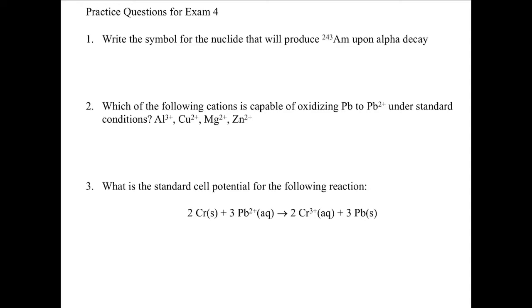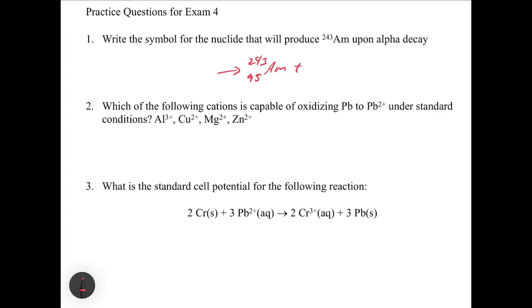It says, write the symbol for the nuclide that would produce americium-243 upon alpha decay. This is a really good question because you have to go backwards. It would produce this americium-243, and if you look up americium's atomic number, it's 95.